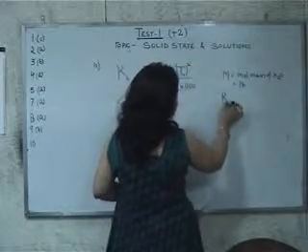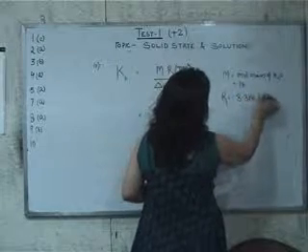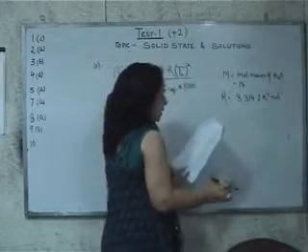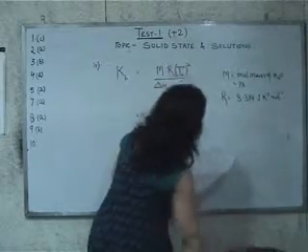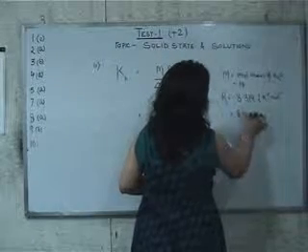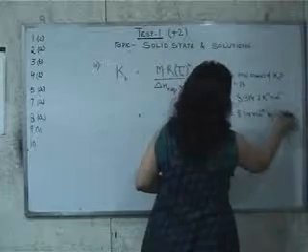R is the gas constant and its value is 8.314 joules per Kelvin per mole, but since the value is given in kilojoules, it is 8.314 into 10 raised to power minus 3 kilojoule per Kelvin per mole.